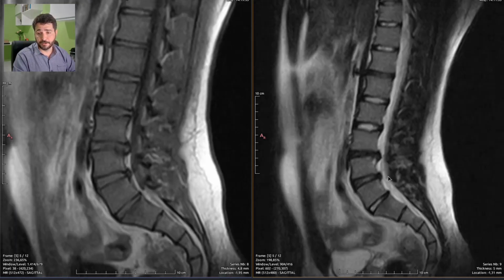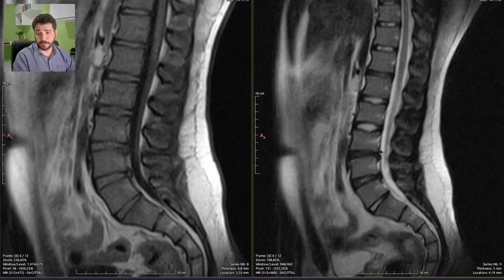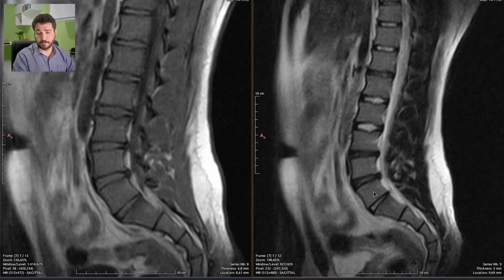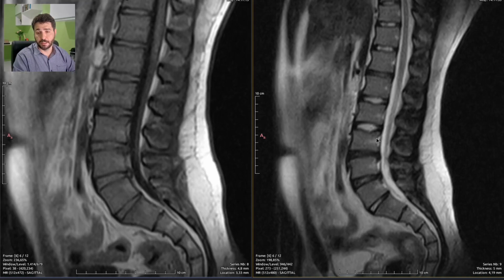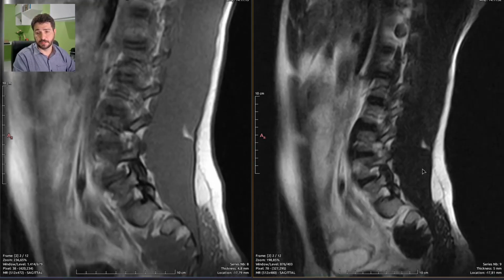So we have two bulging discs forming extrusions. So we have two extruded discs right here, right above the transitional vertebra, which are L4, L5 and L5 S1 extruded discs.